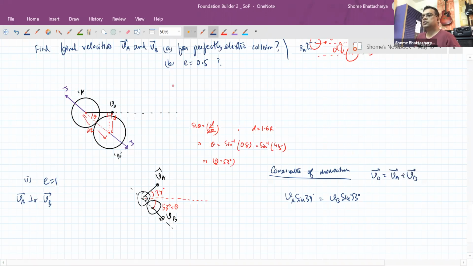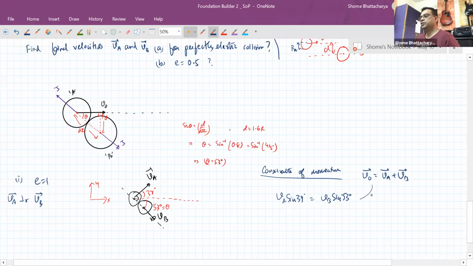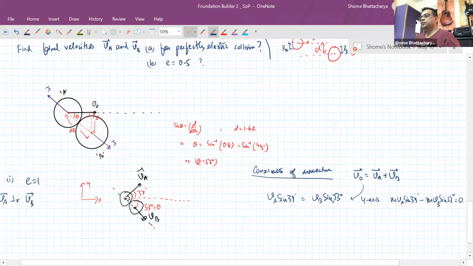So taking this direction as our x-axis and this direction as our y-axis, you apply conservation of momentum along the y-axis now to get this equation. Okay, so we get this equation. So this tells us that 3VA is equal to 4VB.